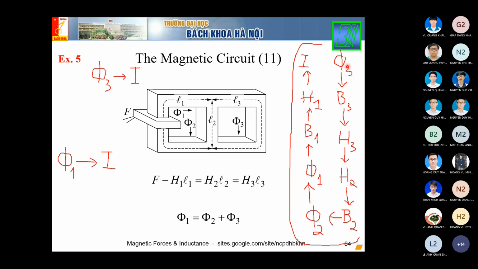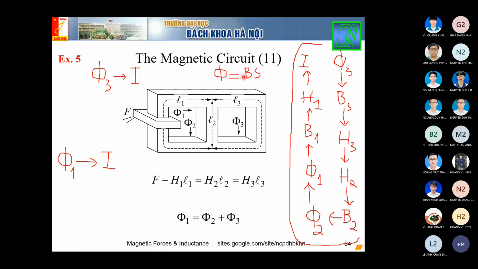B3 is phi 3 over S3. Yes. How do we find B3 from phi 3? This is the equation: phi is BS. So B3 will be phi 3 over S3.